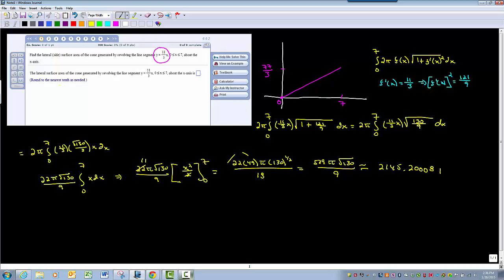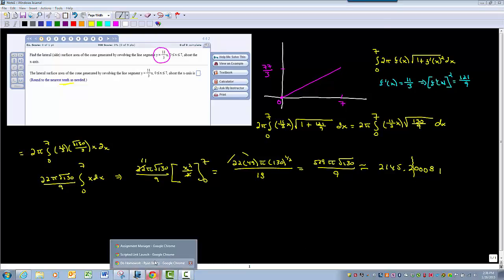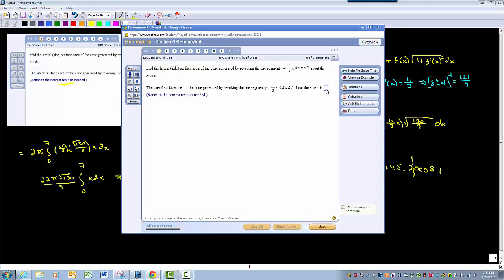It says round to the nearest tenth, so that will be this right here. Let's go ahead and check that out as a solution. So I've got 2145.2. It says that we did it right.